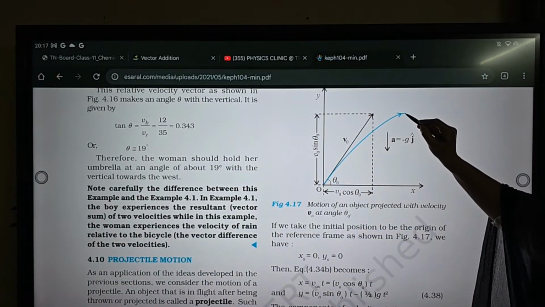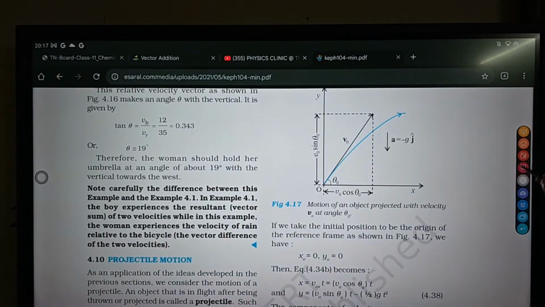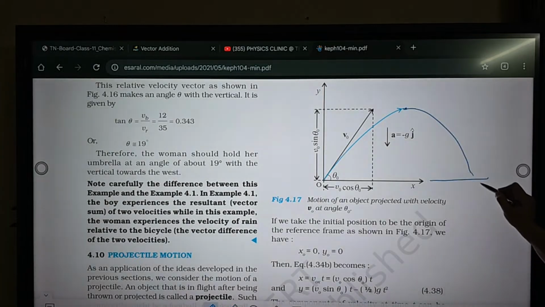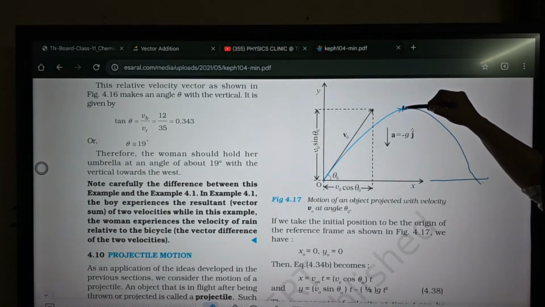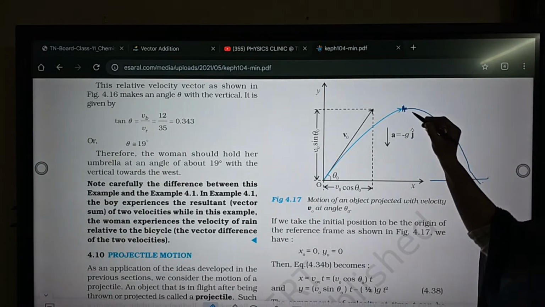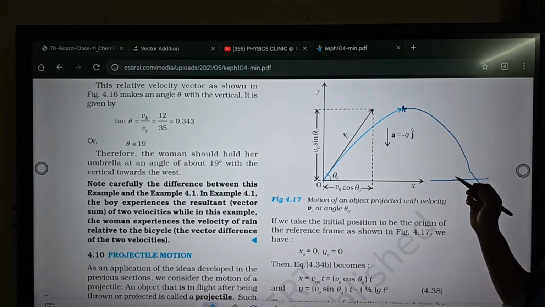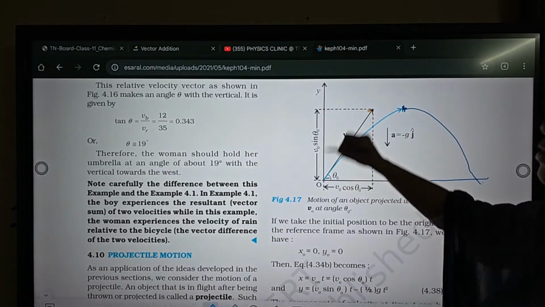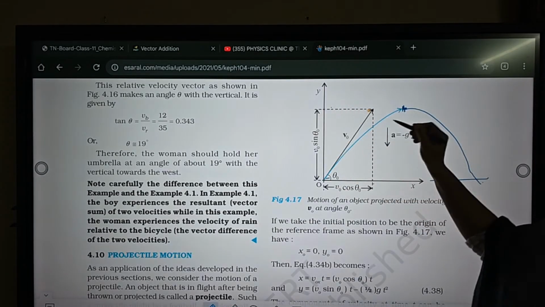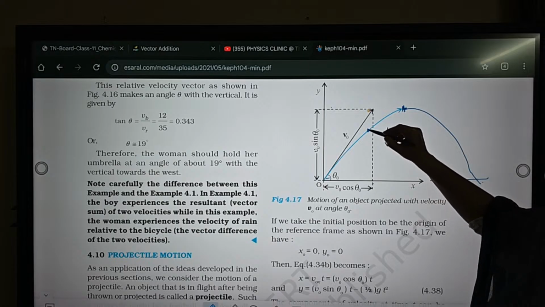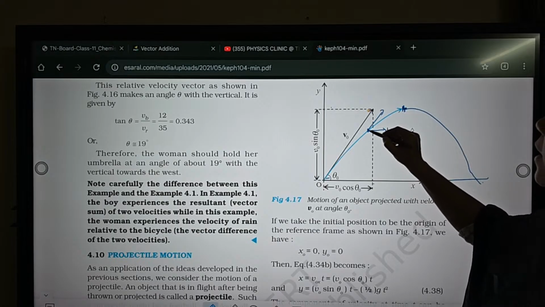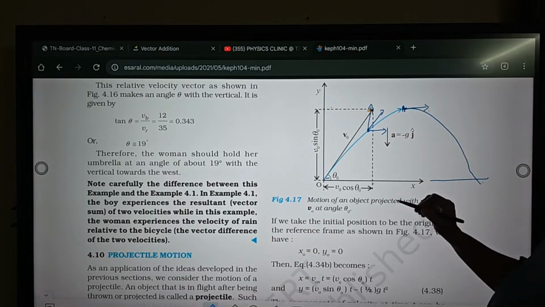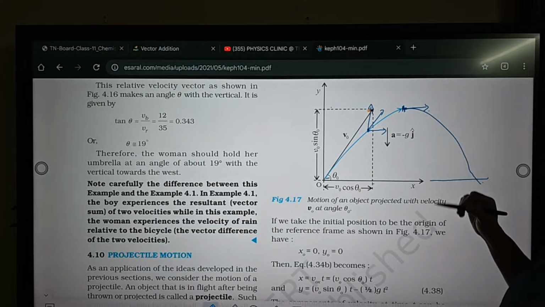If the particle reaches maximum height like this, and then it falls down and hits the ground like this. It is the maximum height. Where the velocity is taken at the start, you resolve it into two components, horizontal and vertical. If you take the velocity here at the top, it may not be resolved into two, right?